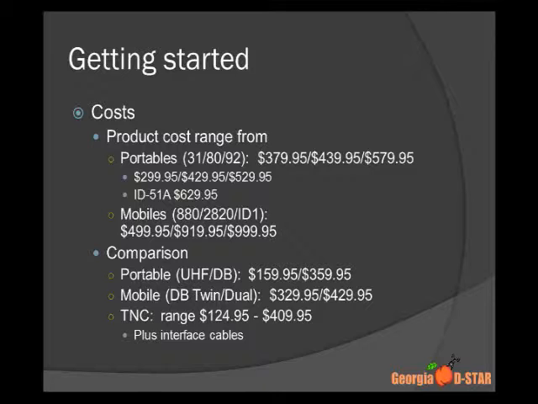So if you look at the capabilities that you're getting, incrementally the price is going to be a little bit more expensive. One of the questions I always get as an emergency communicator, I'll get new hams coming into ARIES, and they'll say, what kind of radio should I buy?